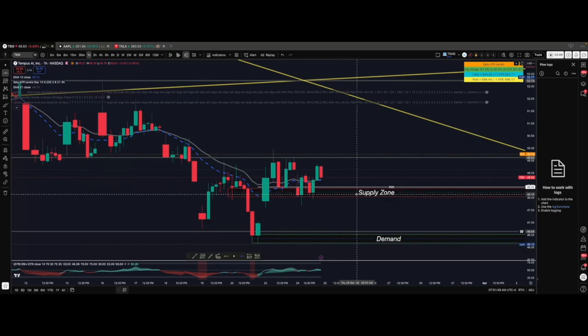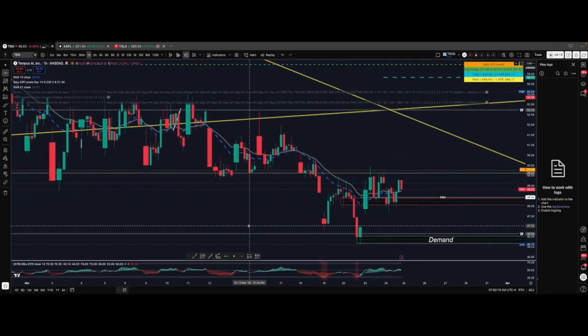So I'm actually going to have to change this supply zone because it started off as a supply zone, which, instead of just creating a bunch of lines, you create a zone, right? So this zone stands for where this drop off, a decline, is. That's what made it a supply zone. But then it turned into, and I know it's going to be complicated, a demand zone.